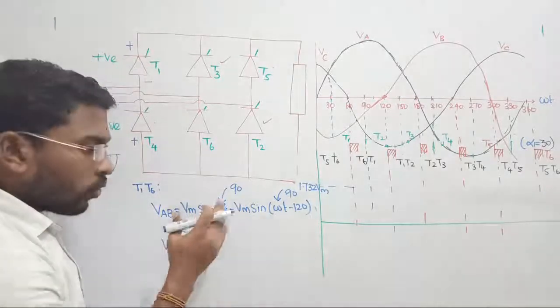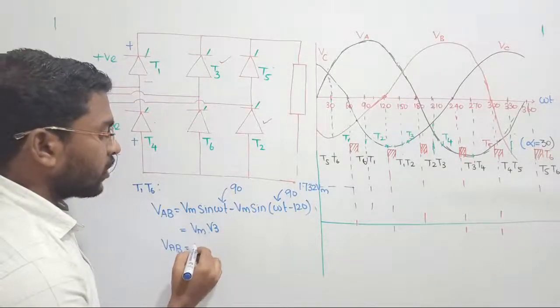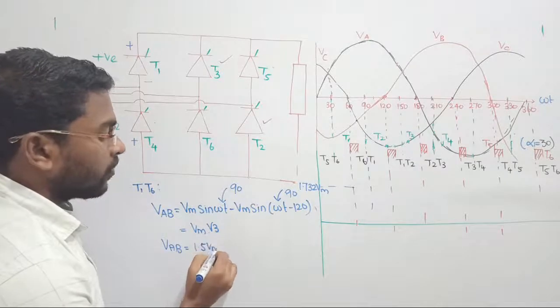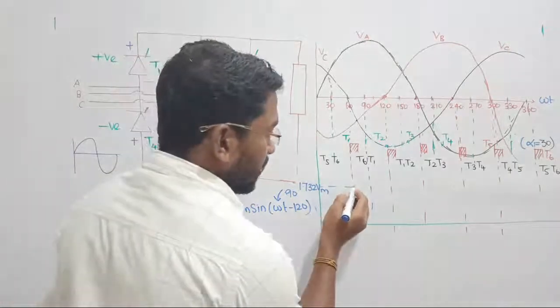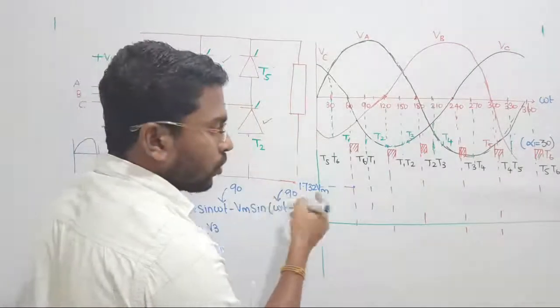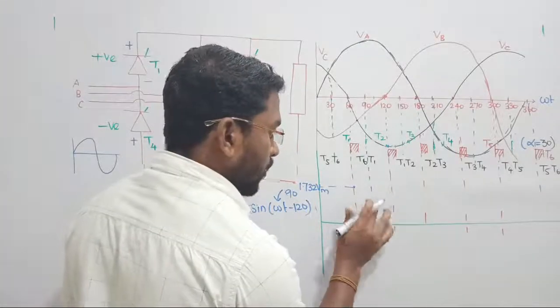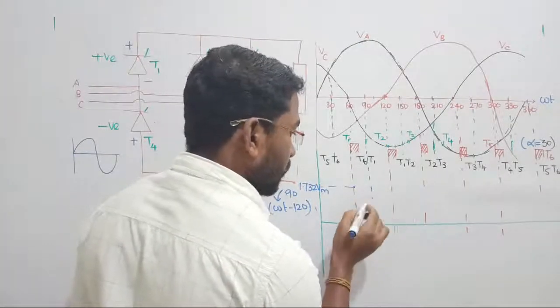Sin 90 is 1, plus 1/2 is 1.5, so it is 1.5 times of Vm. Notice that initially we have 1.732 and then the value is reduced to 1.5. Let us mark some other point somewhere here.